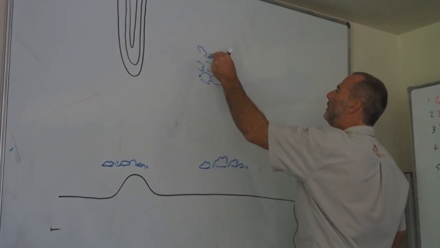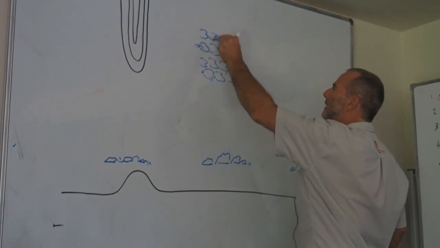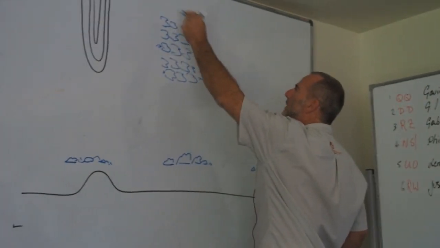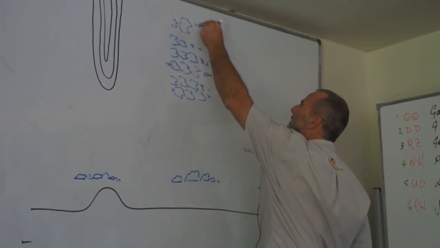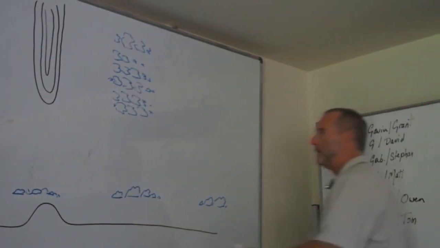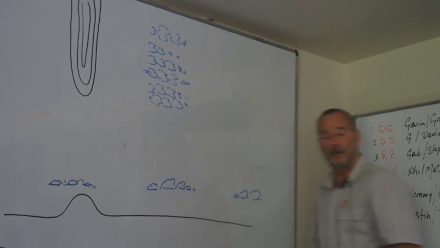Yeah? So there is a pattern of energy in that direction. If the thermal is solid, that pattern of energy may not be apparent, or it might look like this from above. Yeah? Because the wind's blowing that way, so each individual thermal, this will become this, will become this, will become this. Yeah?